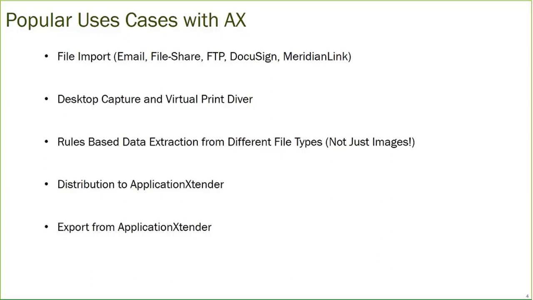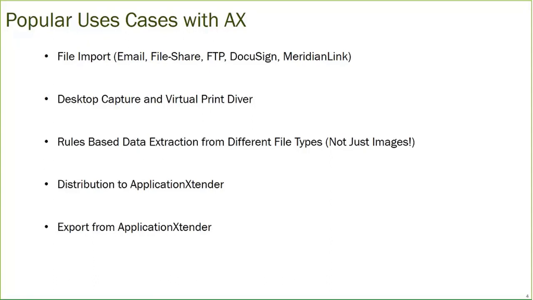Then we have, as we still do now, our desktop capture tools, which allow people to drag and drop documents from email or through the desktop capture, scan with a Twain driver, use the virtual print driver, and upload documents directly from Office. In 4 we have rules-based extraction from different types of files, not just images, but Office, XML, and other types of documents.